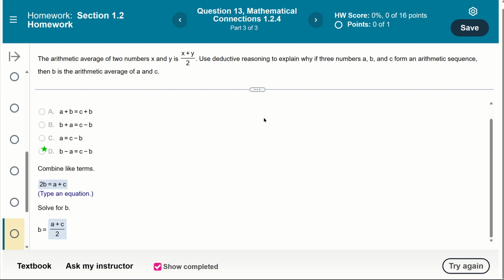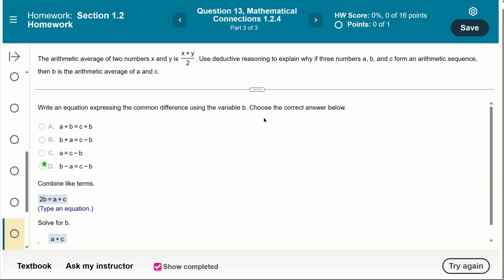They guide you through a couple of steps. So the first thing that you want to do is go ahead and list the 3 numbers A, B, C. Now, because it's an arithmetic sequence, the differences are going to be the same for any 2 consecutive numbers.